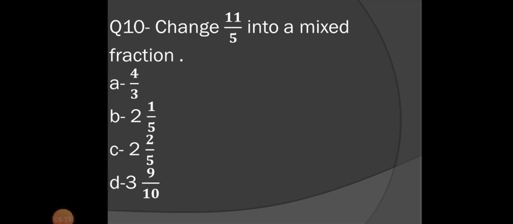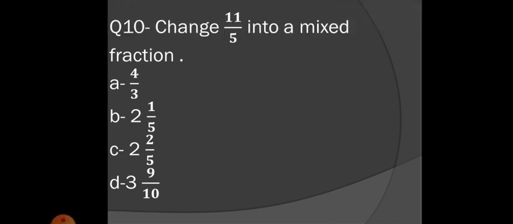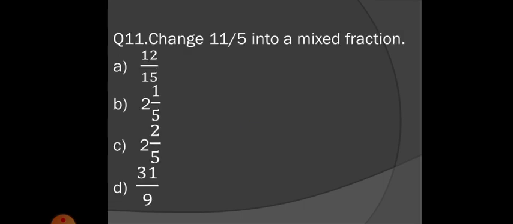So there is a hint. 11 upon 5 is an improper fraction, and option A 4 upon 3 is also an improper fraction, so you must choose which of option B, C or D is correct. Now let's see the answer. The answer is option B, 2 whole 1 upon 5. Now let's move to another question.